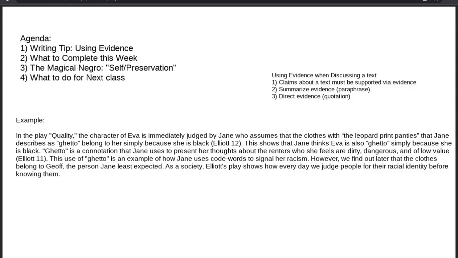So she then goes on to prove this claim by how thinking that the underwear belongs to Jane means that she thinks that Jane is ghetto.